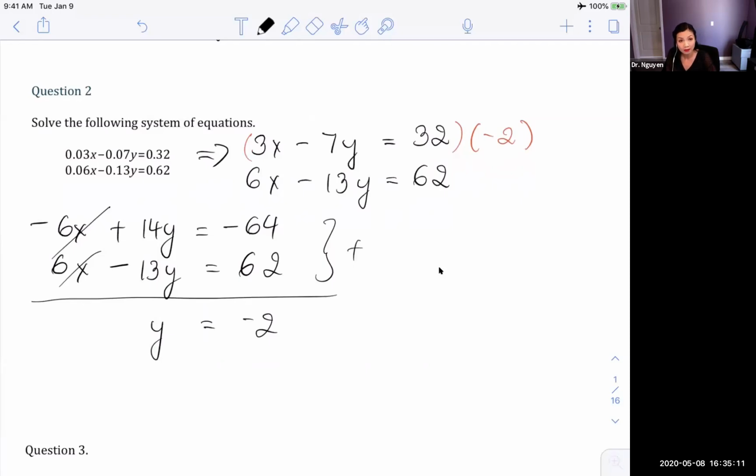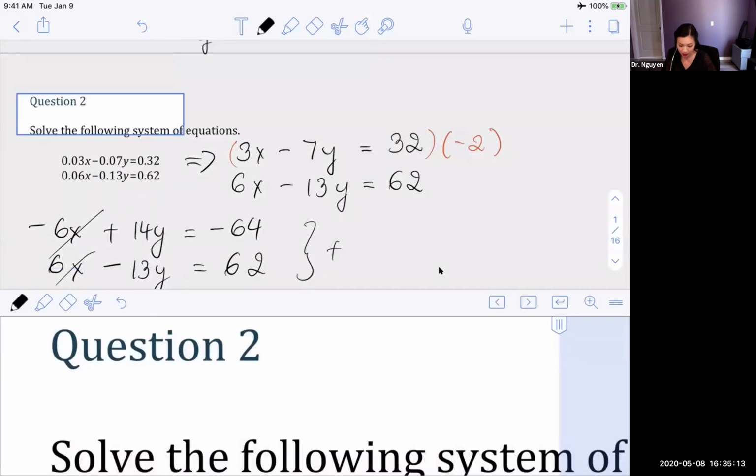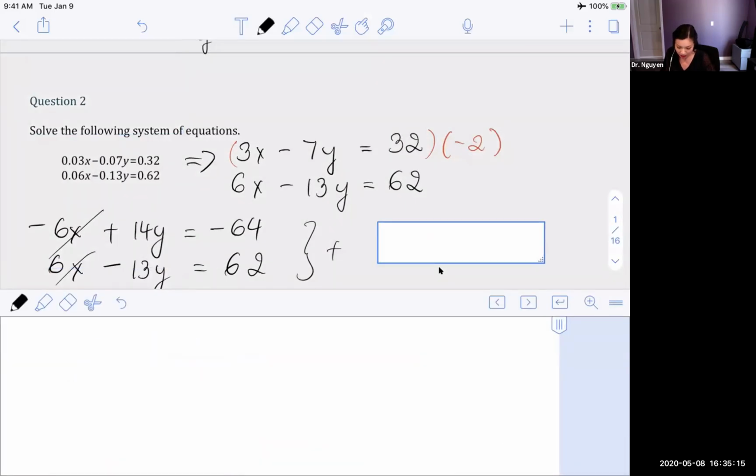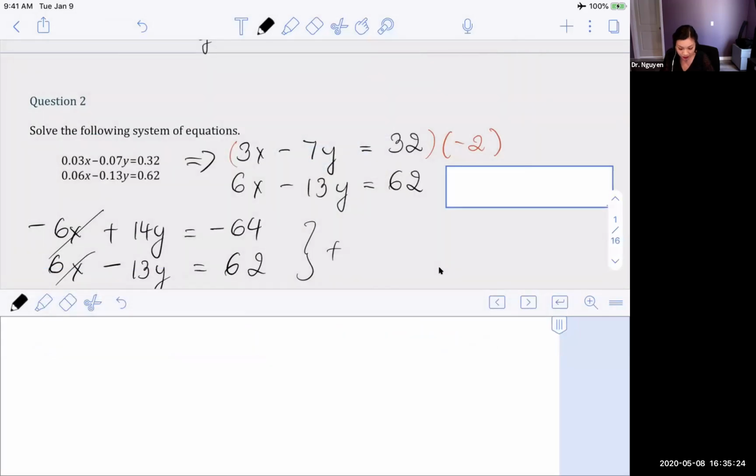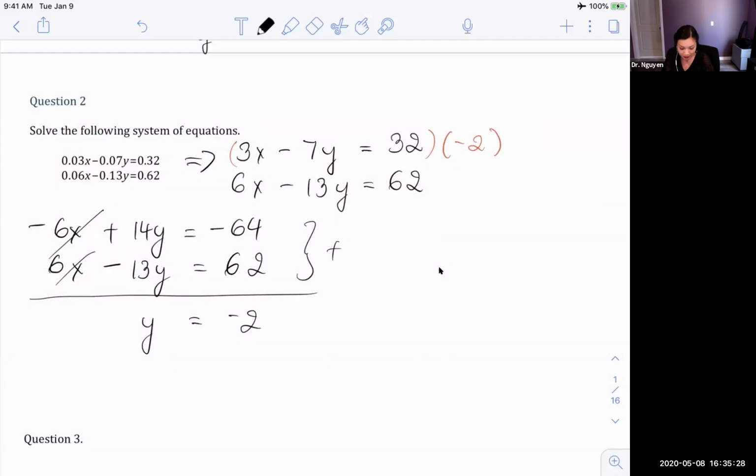Now I'm going to go back and pick one equation. I just want to let you know that every equation should work, even the decimal one, because they are in fact identical.